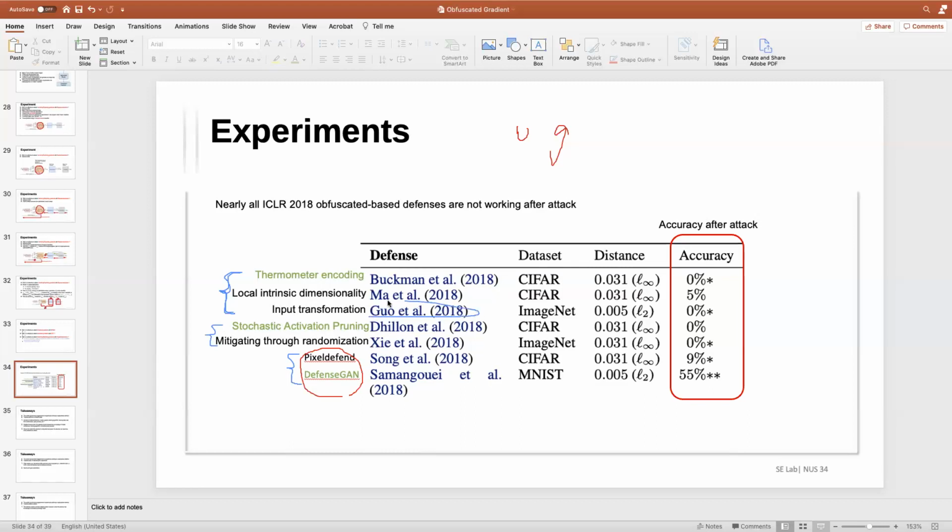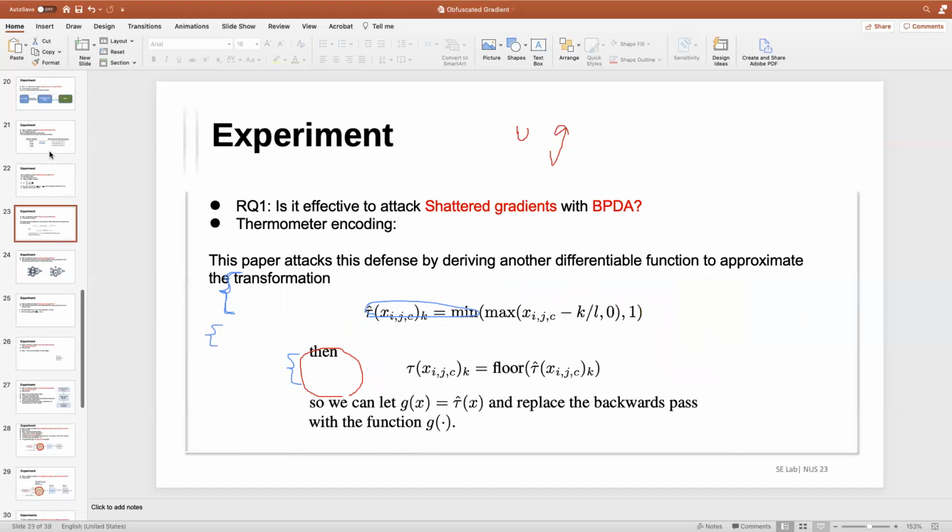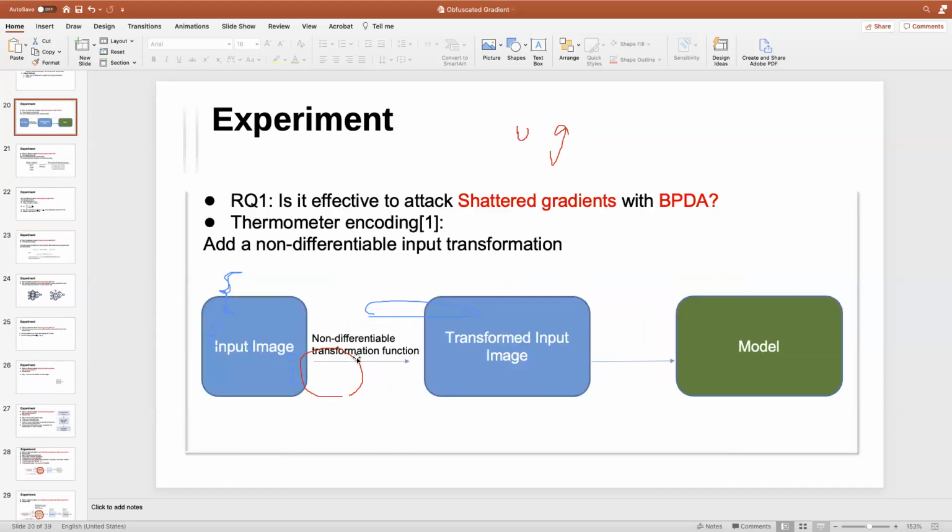This paper I have presented before. In total, they propose 5 methods. I remember that. But I'm saying that the input transformation cannot fall into the gradient masking approach because the gradient is not there. The input is totally changed into another picture. But the thermometer encoding is just input transformation, right?